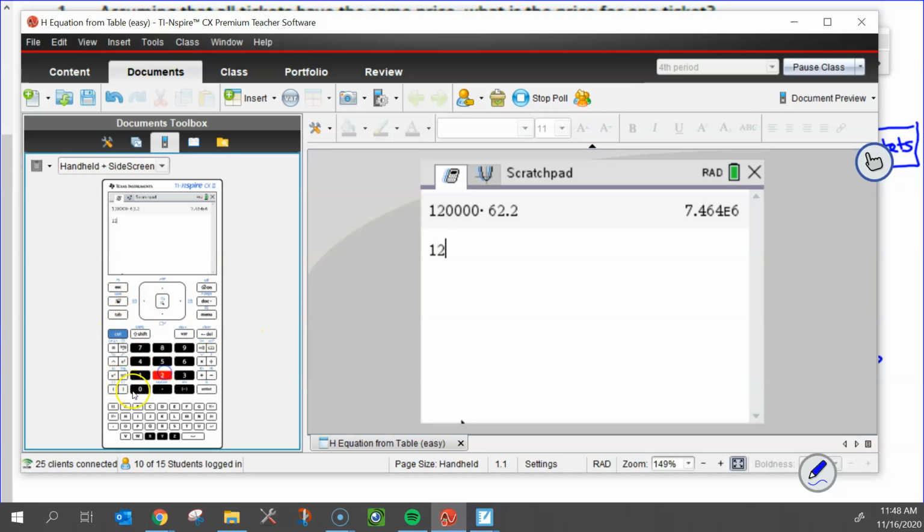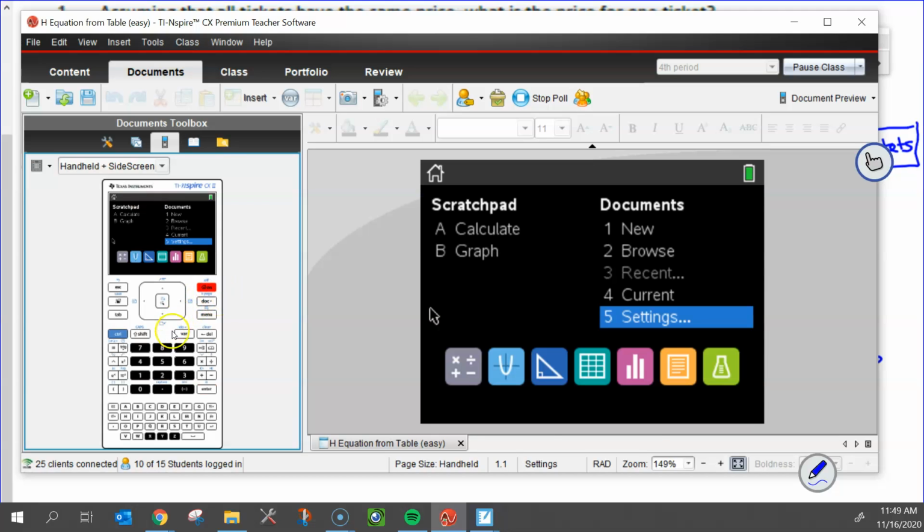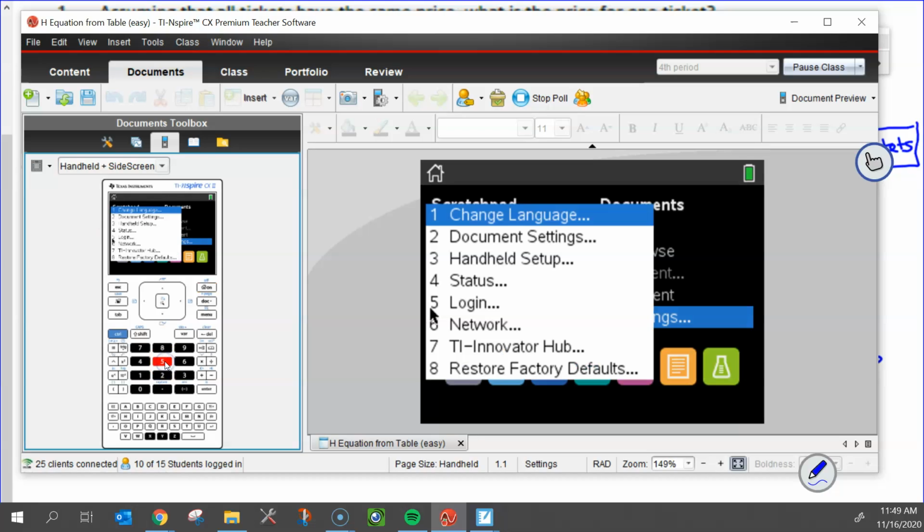Wonder if it'll show up now. 120,000 times 62.2. And now it showed it all, and it's exactly what we said it was going to be, 7,464,000, because we don't have to worry about not having enough digits. So again, for you guys in class, that's home screen, change your settings.